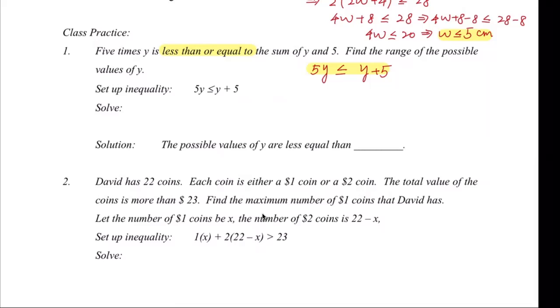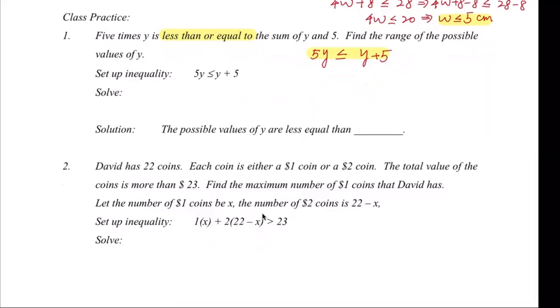We move all the unknowns to one side of the inequality, and we leave all the numbers on the other side. It's the same here. Imagine if this was an equation, how would you solve it? You would move this y to this side and change the sign. Or you can think of it as subtracting y from both sides of the inequality.